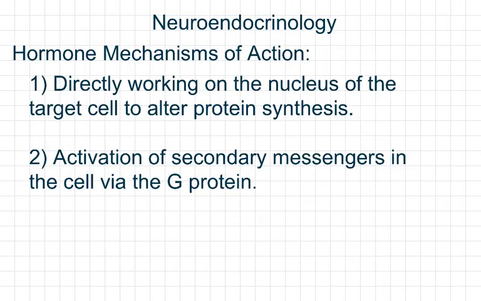The second type of hormone mechanism of action is the activation of secondary messengers via the G protein. And when we talk about this particular mechanism of action, there are two different types that we typically see in endocrinology utilizing the G protein. The first is what we call cyclic AMP.